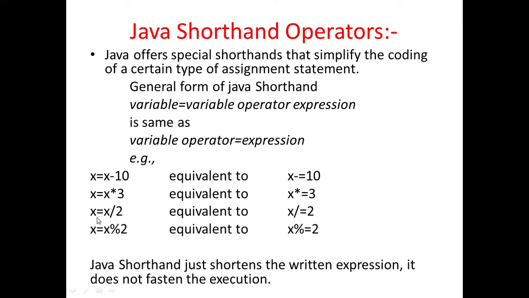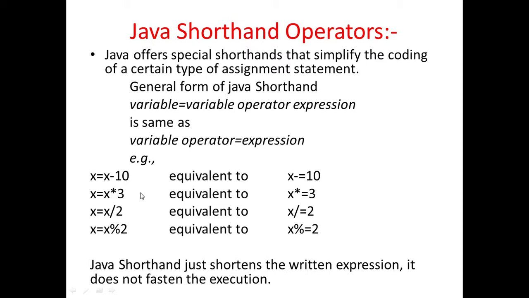Instead of writing x equal to x by 2, we can write x by equal to 2. Instead of writing x equal to x modulus 2, we can write x modulus equal to 2. So we don't need to write so much big codings.